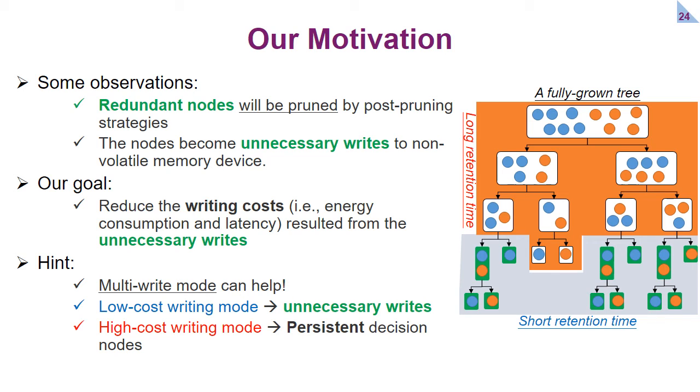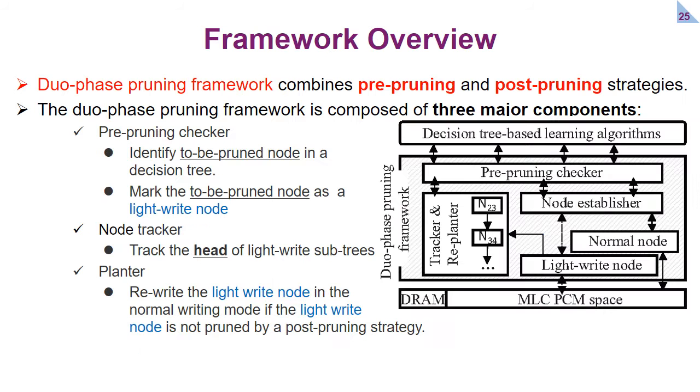By utilizing the multi-write mode of the PCM, we are trying to hybridize the low-cost writing mode and the high-cost writing mode. That is, to use the low-cost writing mode for the unnecessary writes and the high-cost writing mode for the persistent decision tree nodes. But how to make an accurate prediction is the key question.